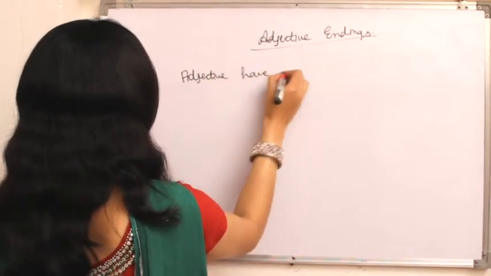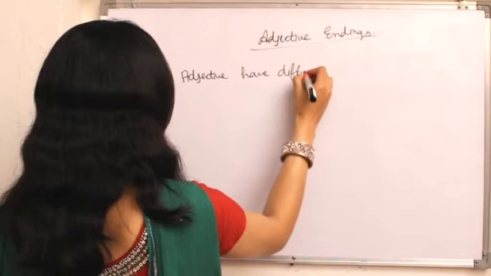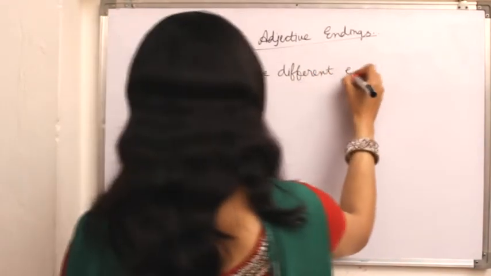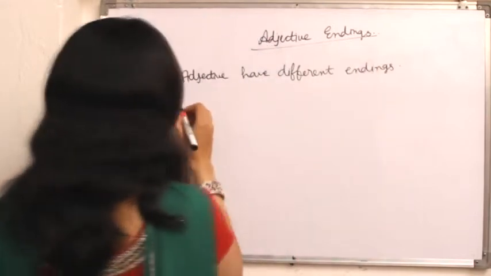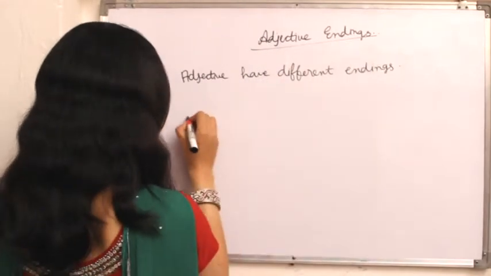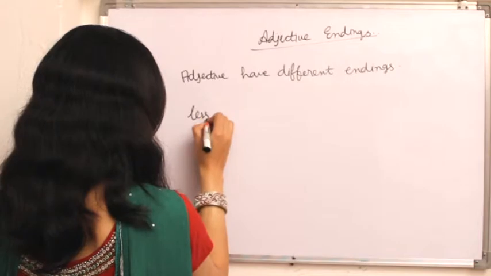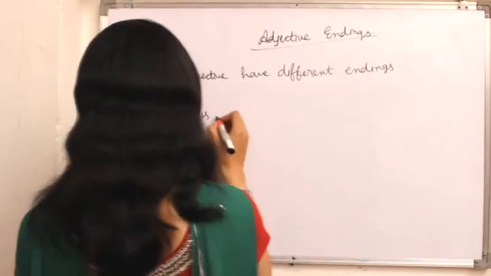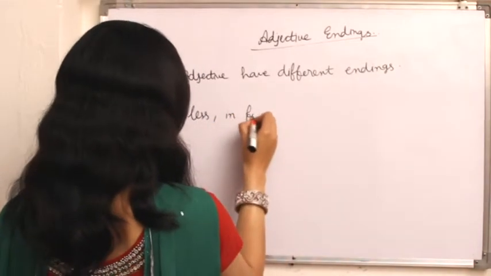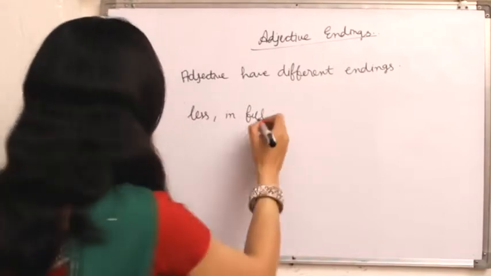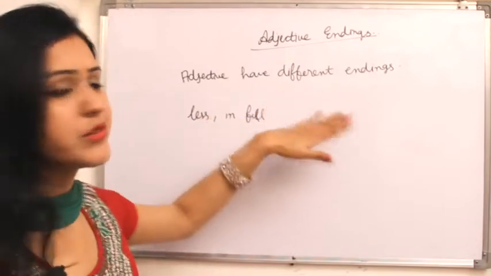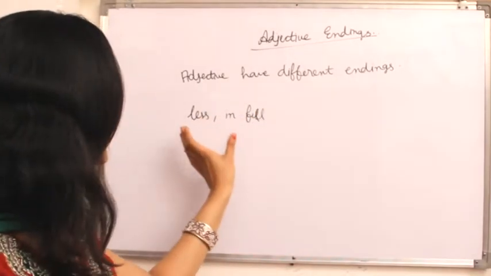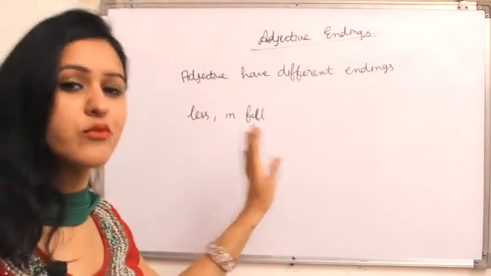Adjectives have different endings. We can recognize them from less or full. So these are the endings. Adjectives have different endings, but here I explain you about less or full.